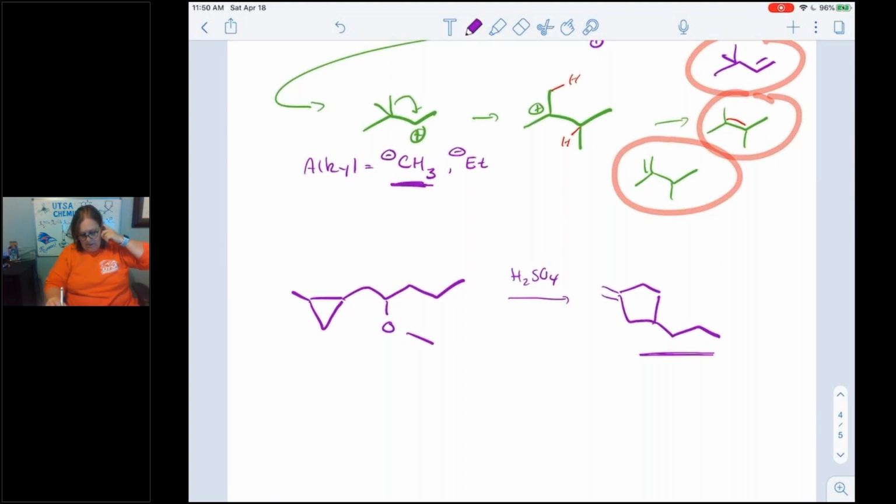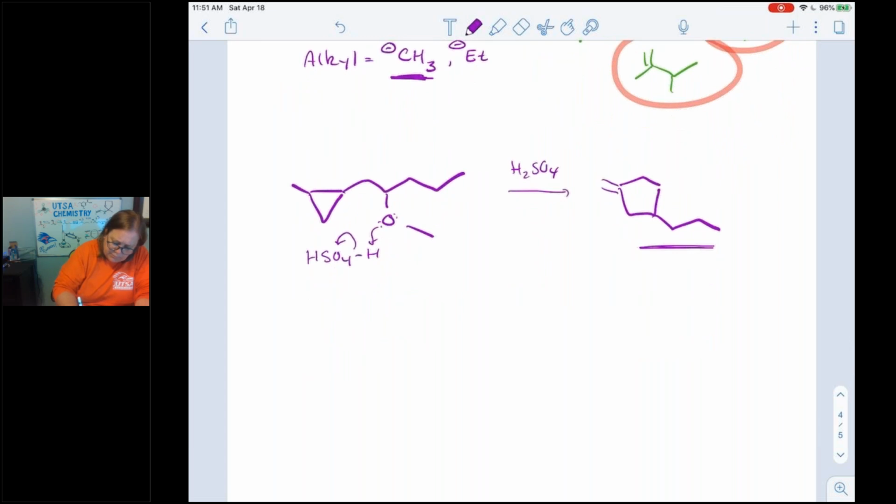Okay, so this is kind of like what I just showed you. The only difference is what? The only difference is a protonation of an OH; we're going to protonate this alkoxy group.